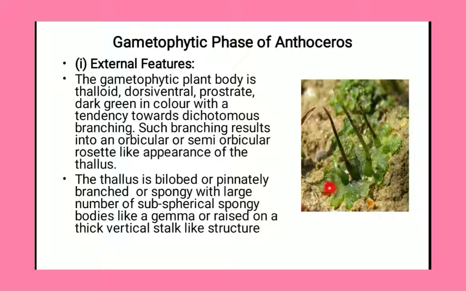This thallus is a lobed structure, also known as pinnately branched, and spongy with a large number of subspherical spongy bodies like gemmae, raised on a thick vertical stalk-like structure. You can see the thick vertical stalk-like structure is also present.